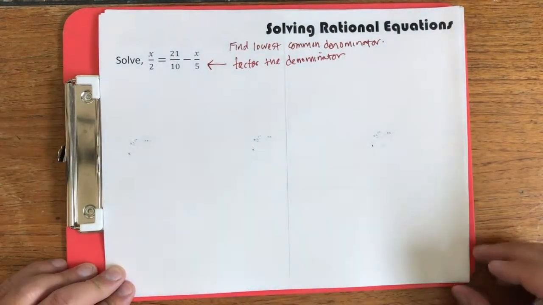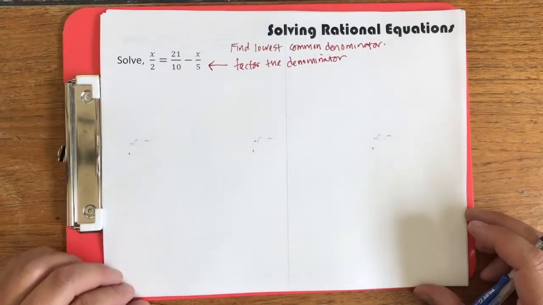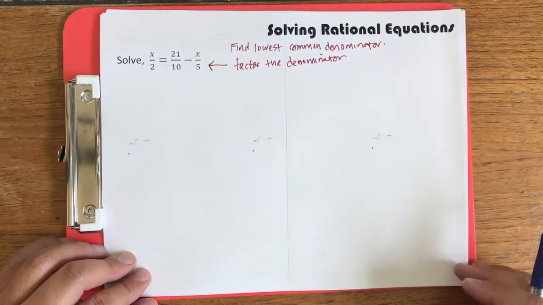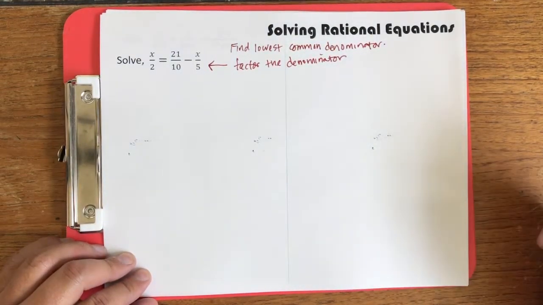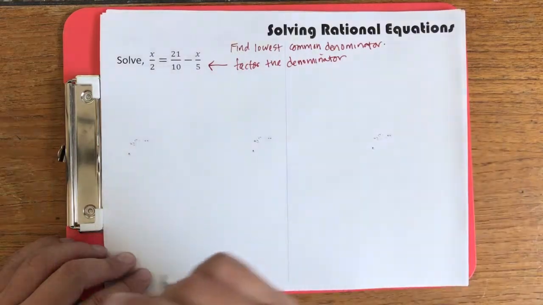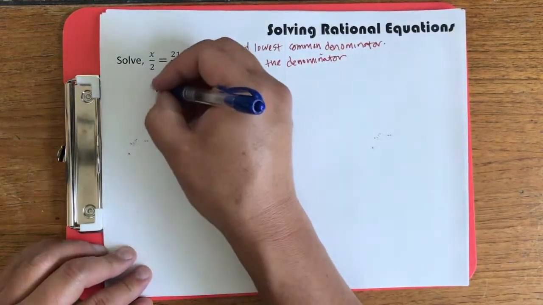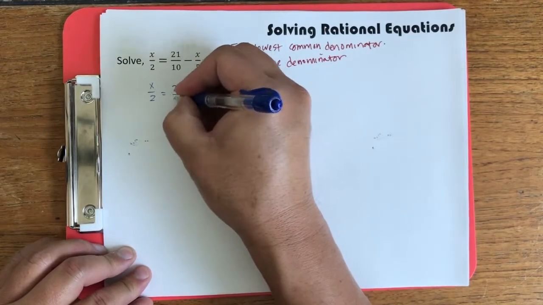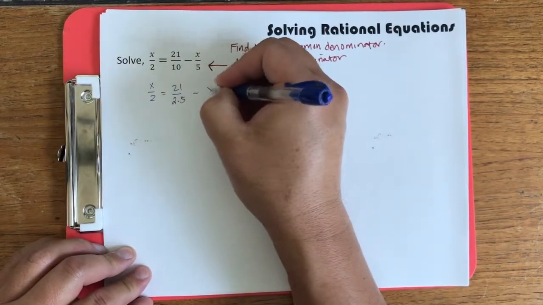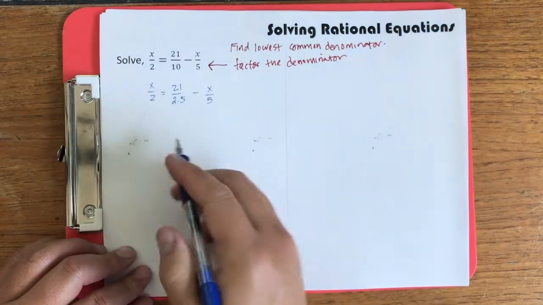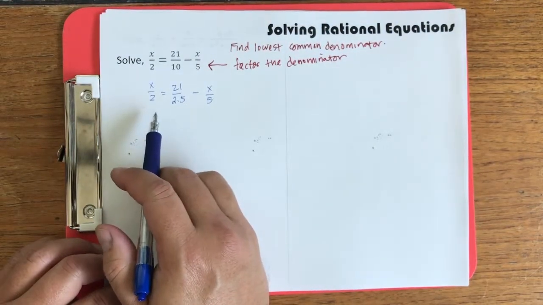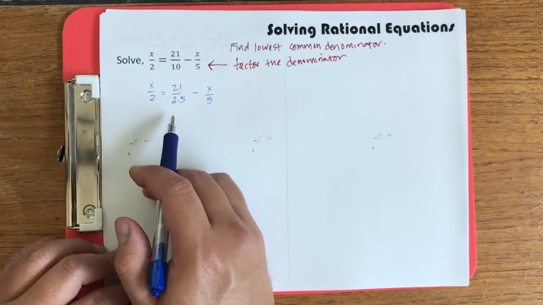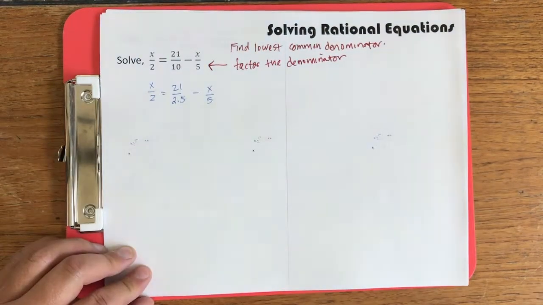And the reason why is that I want to show you a pattern that we're going to use for the new problems we're going to solve in this section. So let's factor the denominator. So I have x over 2 is equal to 21 over 2 times 5 minus x over 5. And notice that we're only factoring the numbers in the denominator.